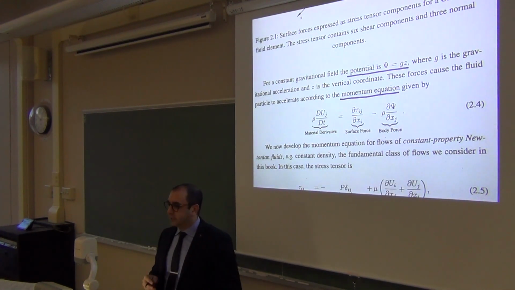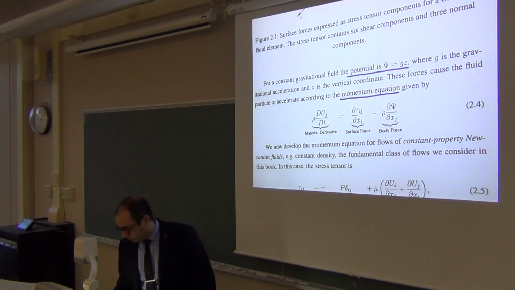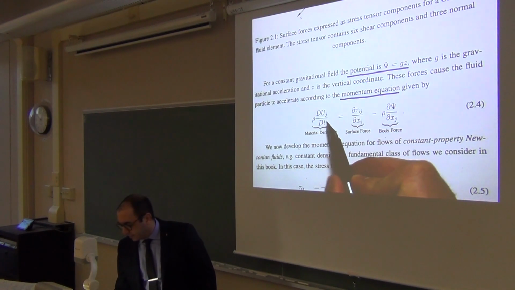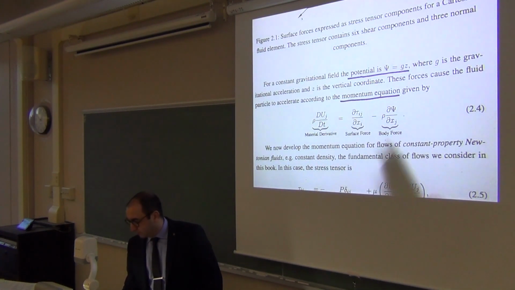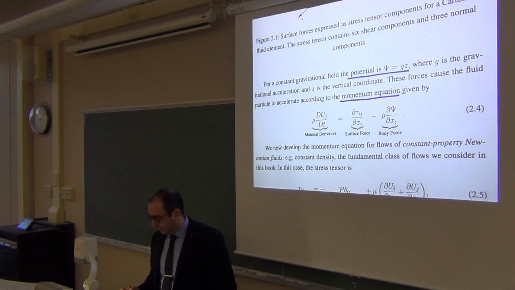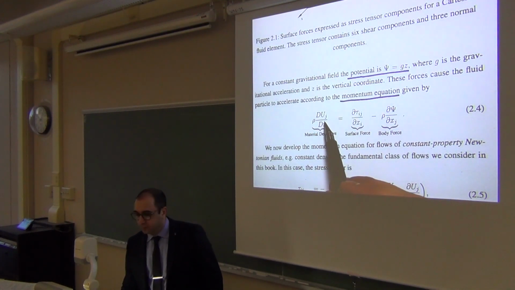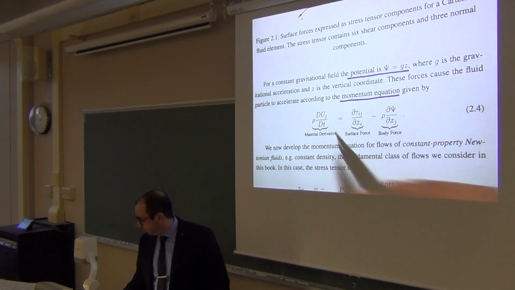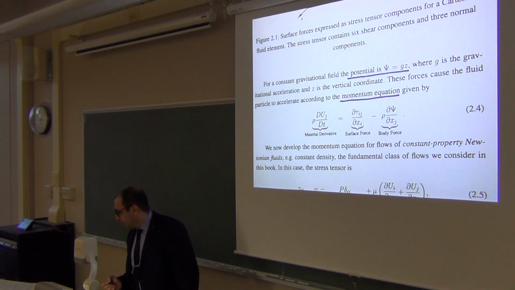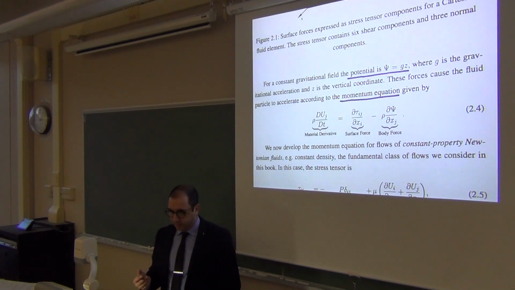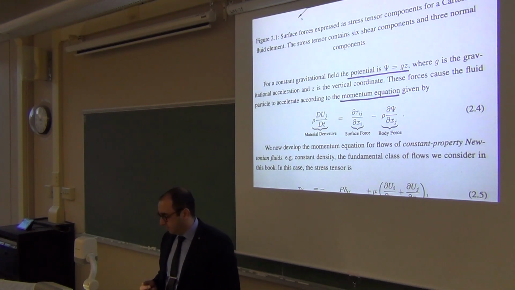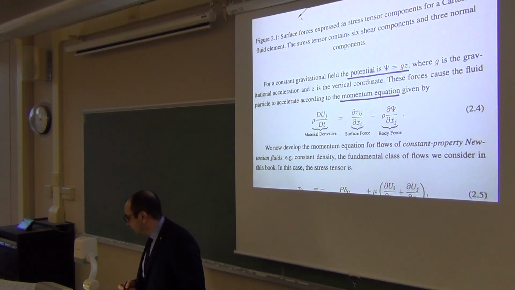For example, it could be x, y, or z. So what I'm saying is that I can express this equation of motion for any component of velocity. U could be ux, uy, or uz. And we normally use symbols u, v, w for fluid velocities along x, y, and z directions. So j is just a component of momentum or velocity.